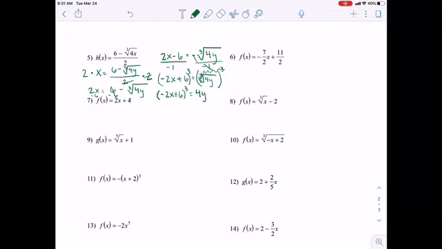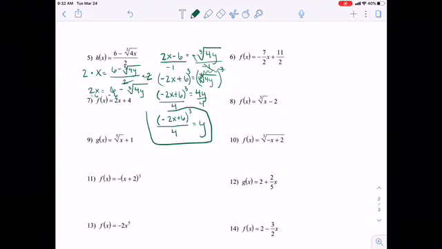Last but not least, to get the y alone, I do need to divide on both sides by 4, which will give me that negative 2x plus 6 to the third power over 4 equals y. Y is now alone, which means I am finished with this problem.